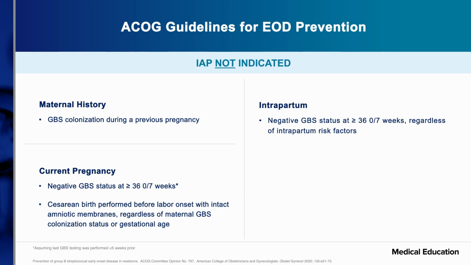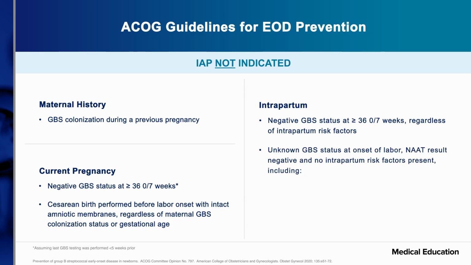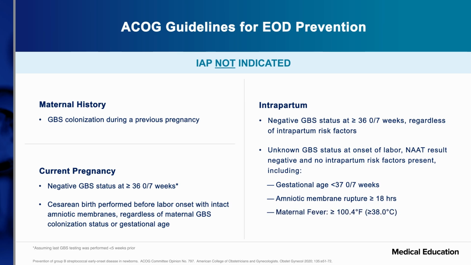Now we talk about unknown GBS status, so there's no testing, right? An unknown GBS status upon onset of labor with a negative molecular test and no intrapartum risk factors. The risk factors would be a gestational age of less than 37 weeks, amniotic membrane rupture at greater than 18 hours, or maternal fever. If these are not present, IAP is not indicated.